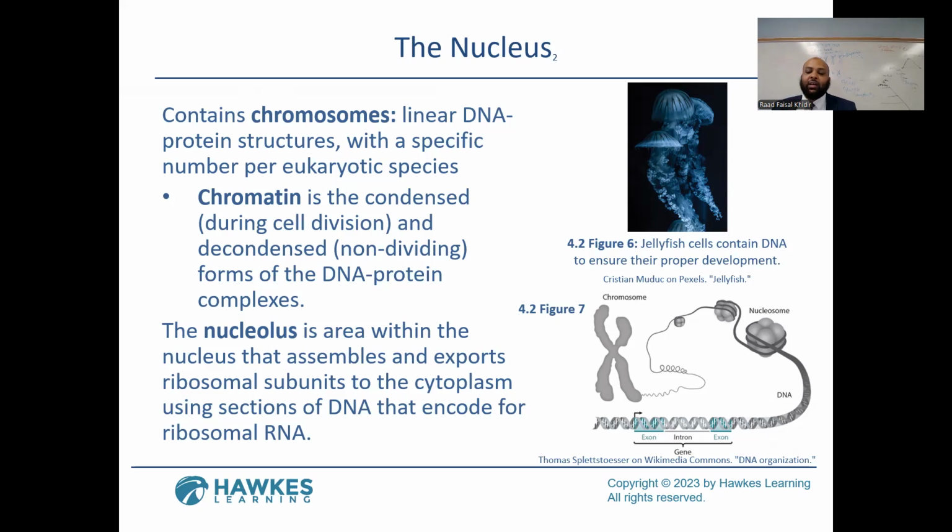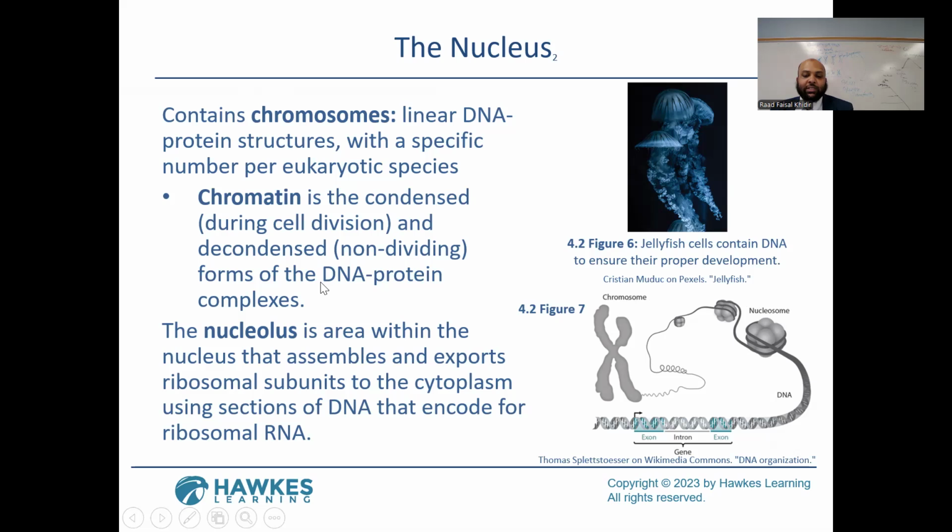It is tightly coiled and condensed during cell division, but when we are not dividing, we need to be accessing the genes so we can transcribe this DNA and perform transcription. So when we are dividing, DNA is tightly condensed. But when we are not dividing, the DNA is spread out and relaxed, decondensed.